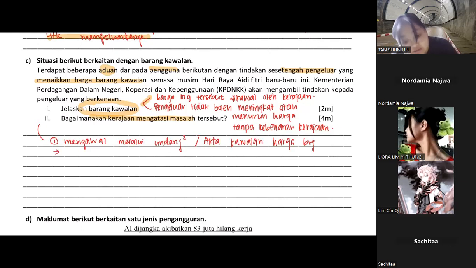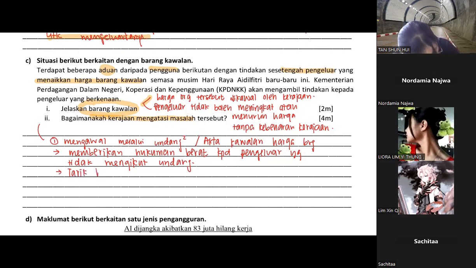So your huraian is, like you guys said, memberikan hukuman berat kepada pengeluar yang tidak mengikut undang-undang. Or other than that, you can say kerajaan juga boleh tarik balik lesen penjual barang tersebut.